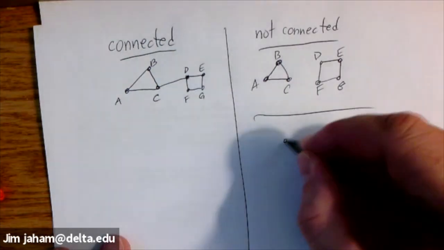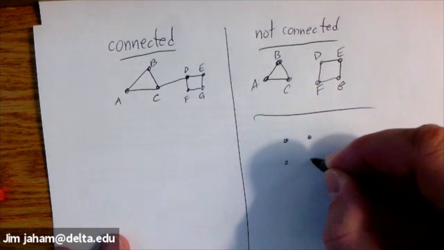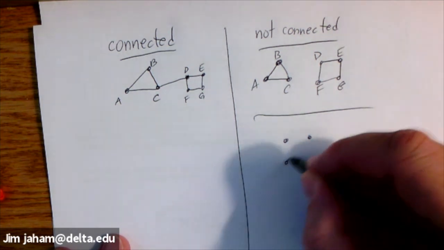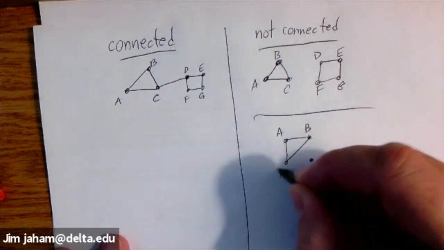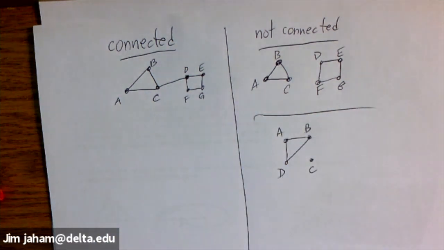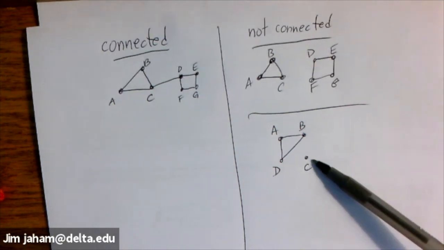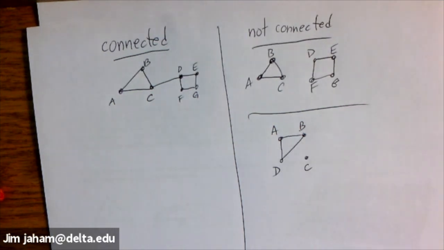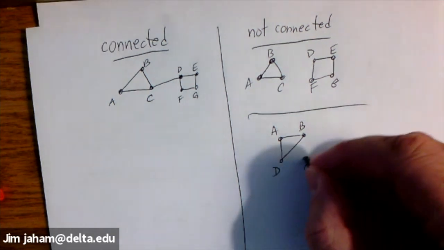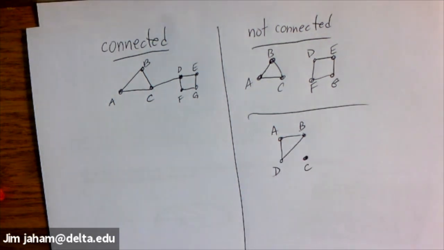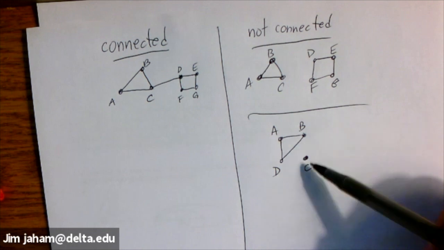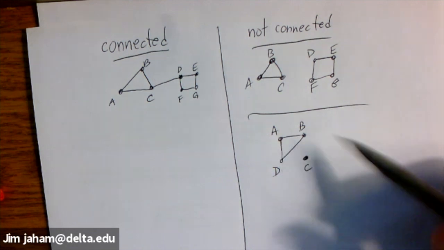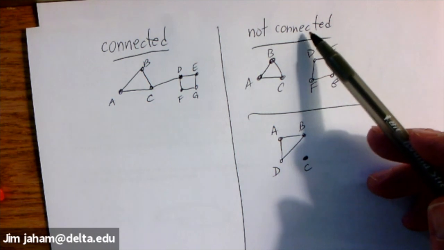Here's another example. All right, here's a graph that has 4 vertices and 3 edges. Now this vertex that stands out here by itself is actually part of the graph, but there's no way to get from C to B or to A or to D. And so therefore this is an unconnected graph, not connected.